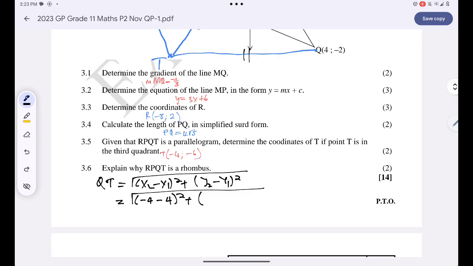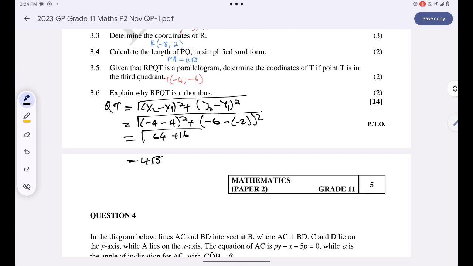And then the y value at T, which is negative 6, minus the y value at Q, negative 2, all squared. So this will give us negative 8 squared, that's 64, plus 16, which will be also 4 root 5.